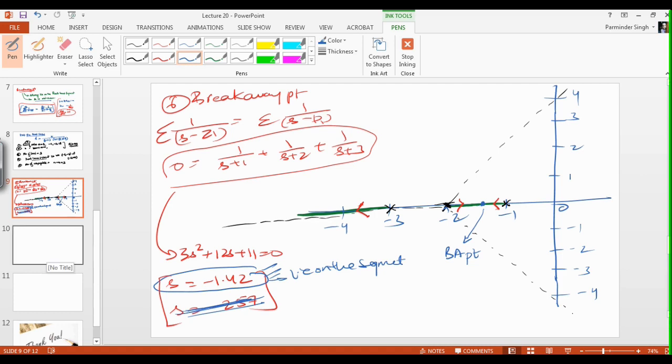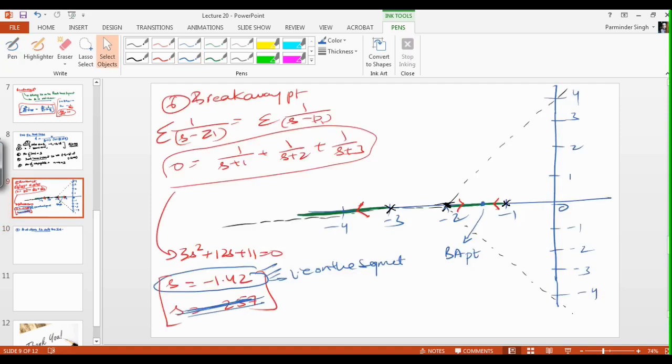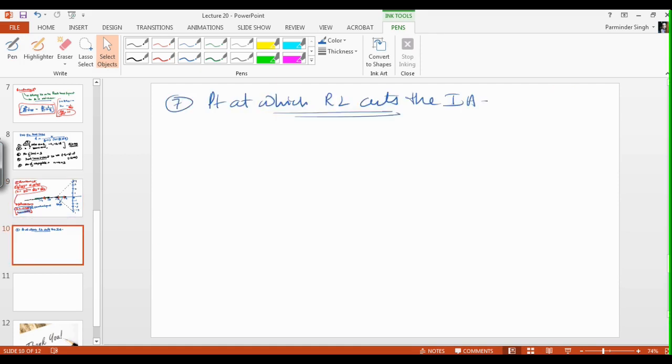So for that we need to go for rule number 7, which I will now discuss. Rule number 7 is the point at which the root locus cuts the imaginary axis. This rule is only valid when the asymptotes are moving towards your imaginary axis.